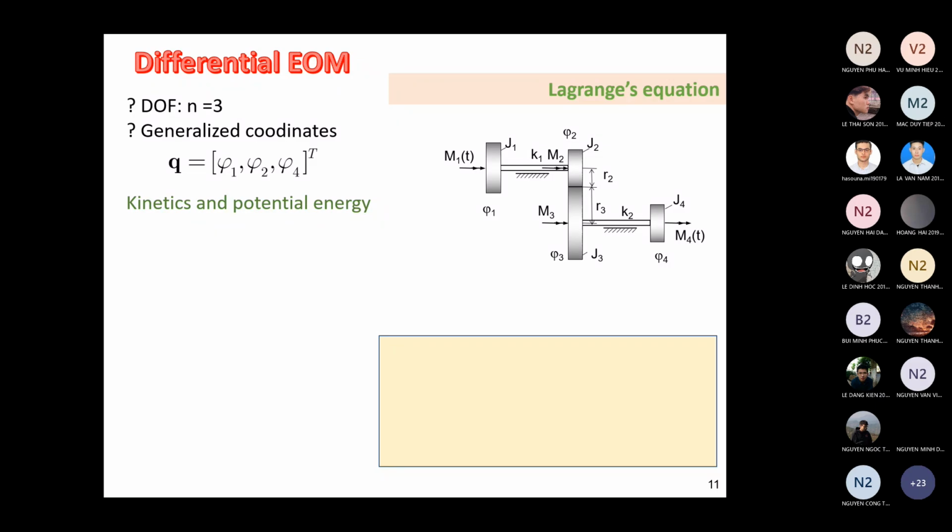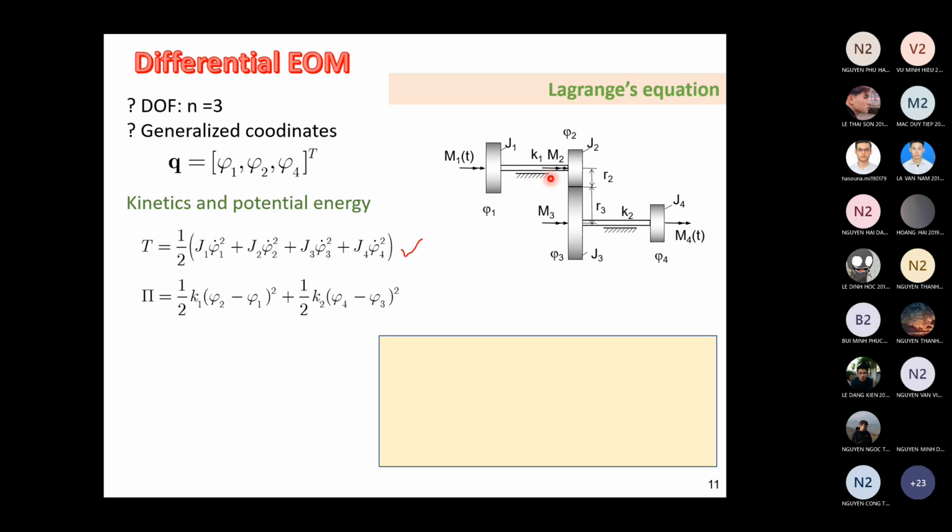So what is the kinetic and potential energy for this system? They are all in rotation motion, right? So the kinetic energy for this one should be like in this formula. And the potential energy is only for the first stiffness, and for the first axis, and for the second axis with the parameters K1 and K2.